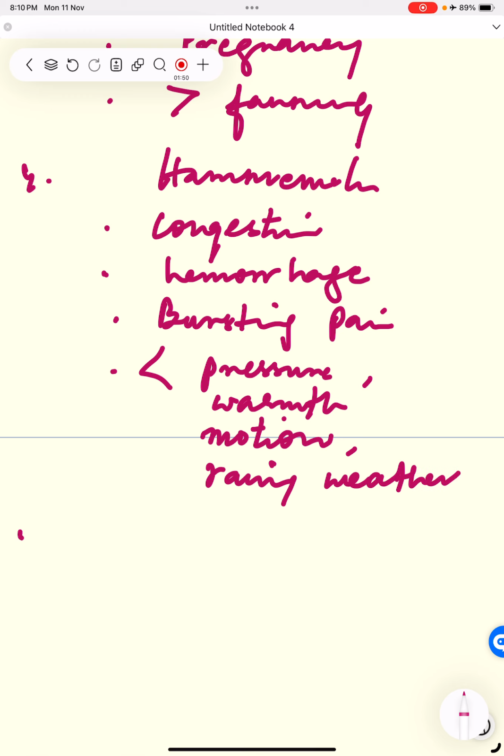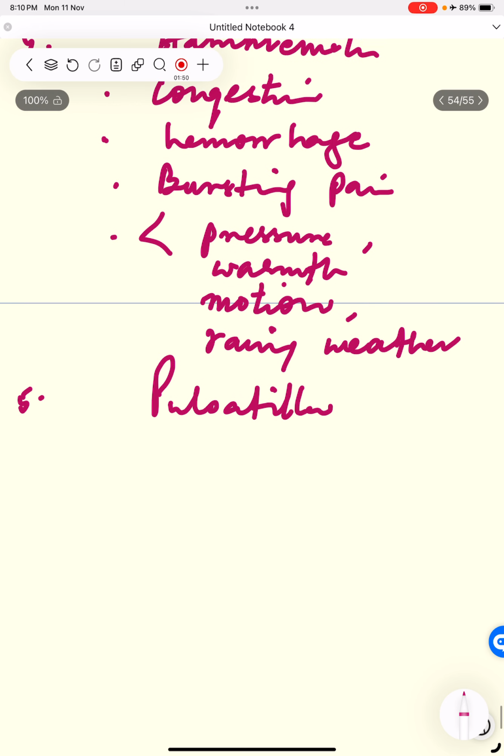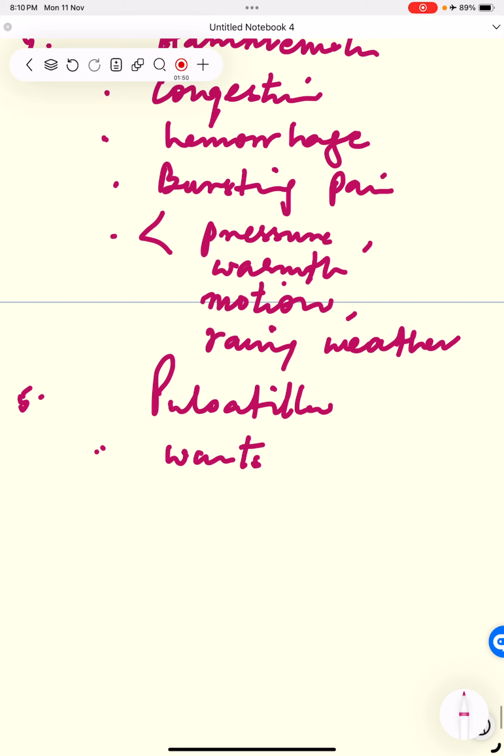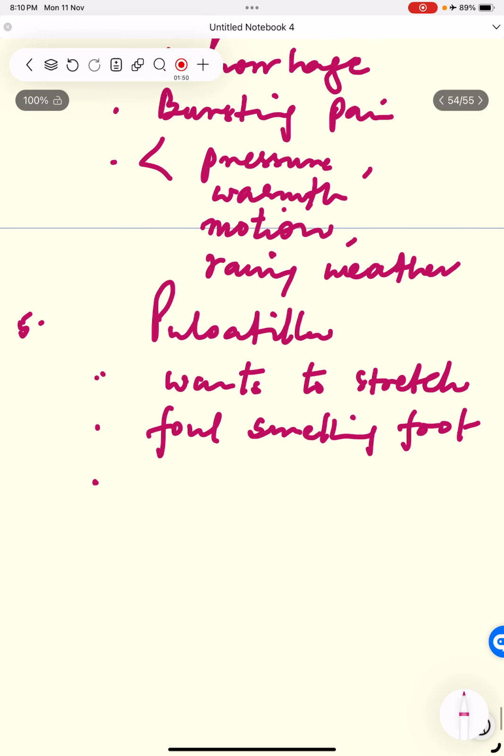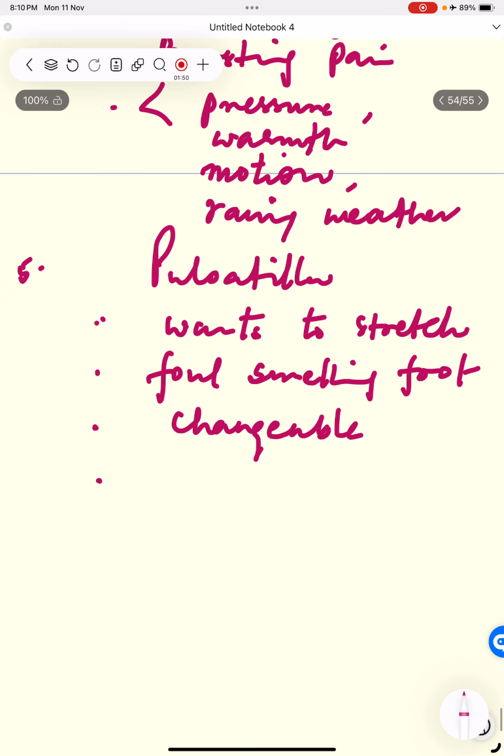Another remedy extremely wonderful in these cases is Pulsatilla, where the patient will typically tell you, I feel better when I stretch. So they want to stretch their limbs all the time. There is foul smelling sweat on the foot. Patients have a very changeable nature of symptoms, mental and physical both.